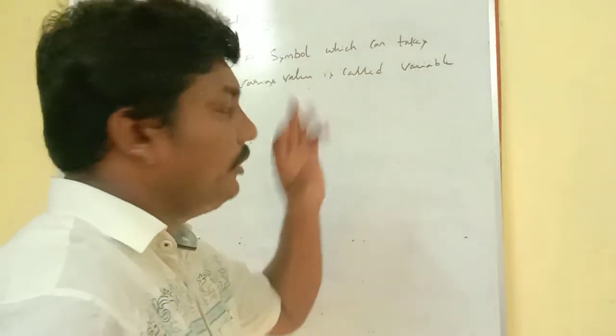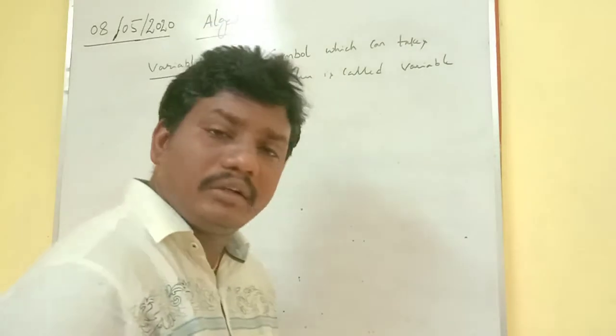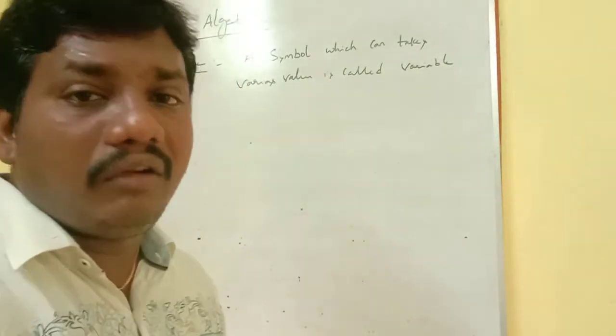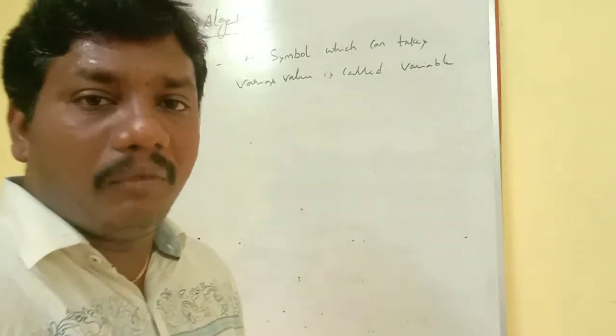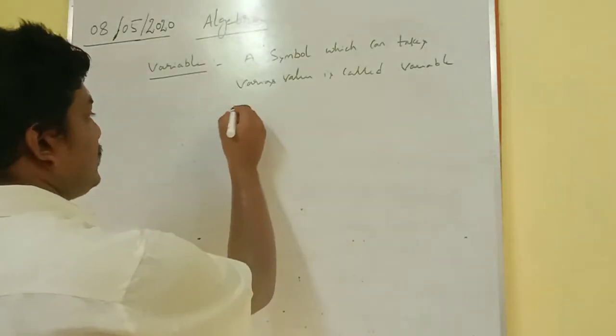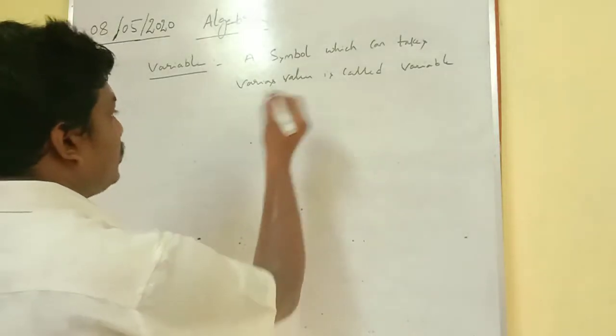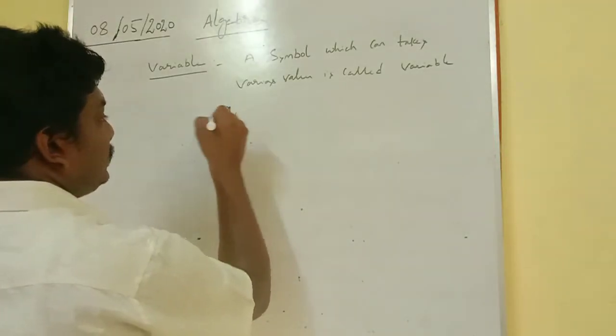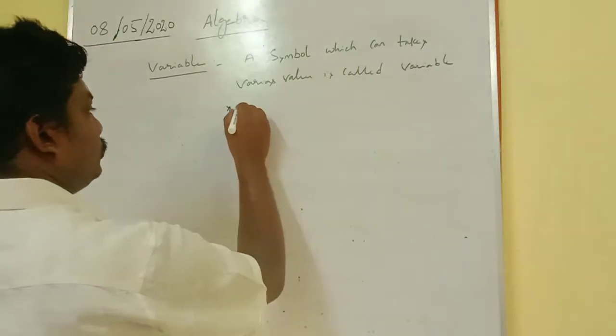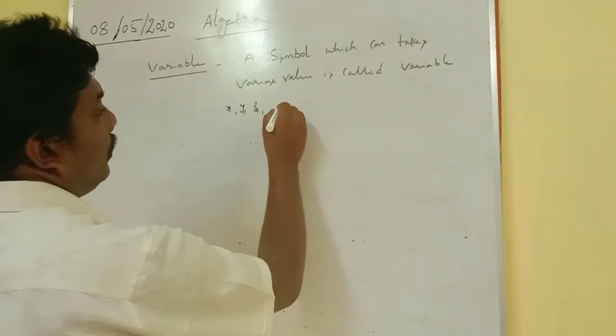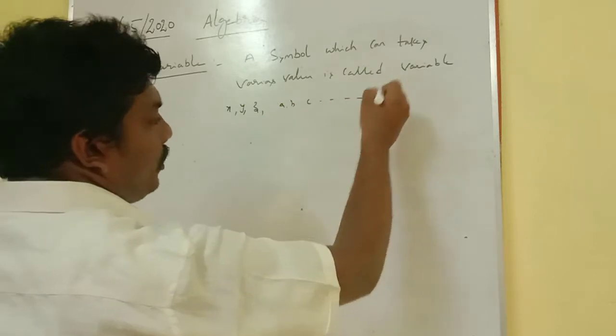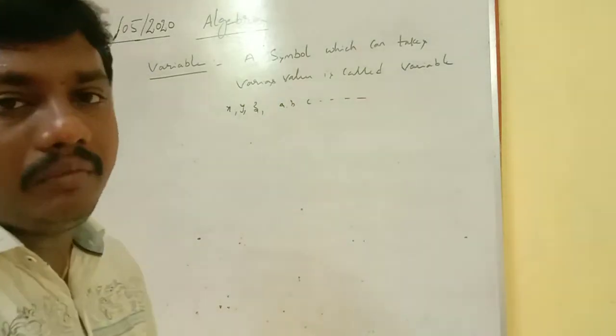Generally we take variables as alphabets, most commonly x, y, z, or a, b, c, and so on.